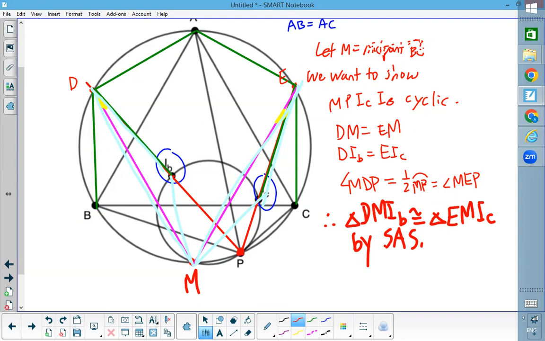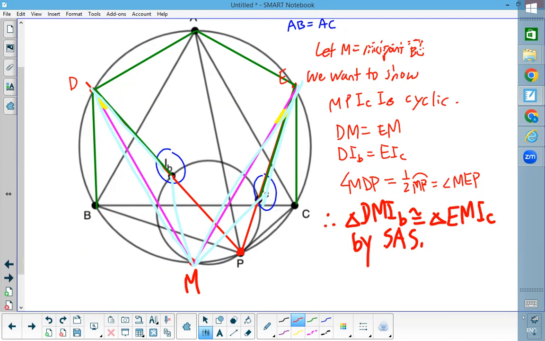Here we are interested in showing that the angle IBMIC is equal to the angle IBPIC, like 4-point cyclic.